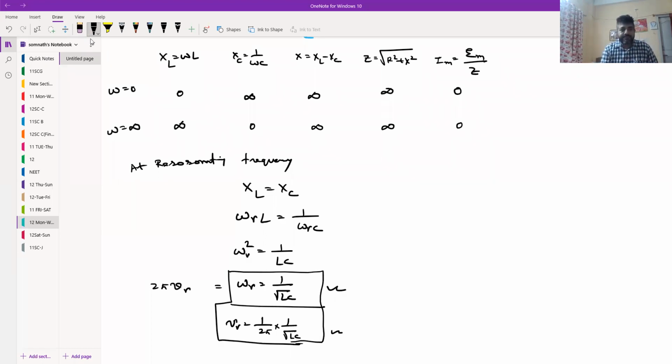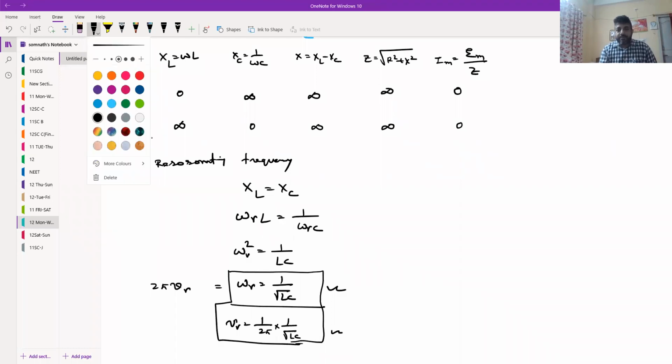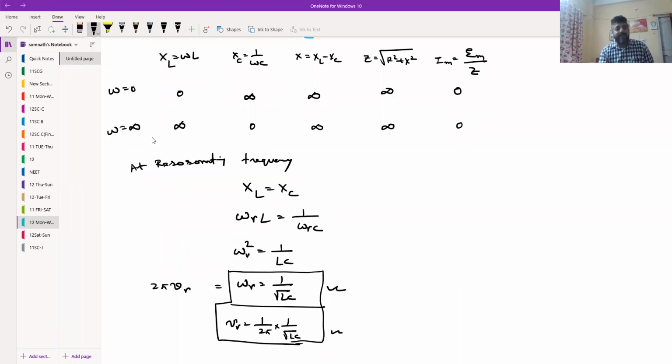And the most important one is why I am saying the LCR circuit is the most important one. How can you understand that at resonance XL equals XC? My X, which is XL minus XC, is 0, but my Z, which is the square root of R square plus X square, is not 0, that is R, right?